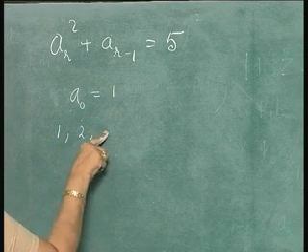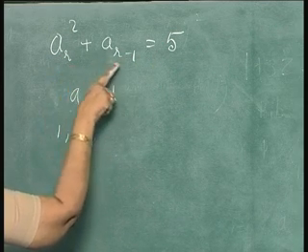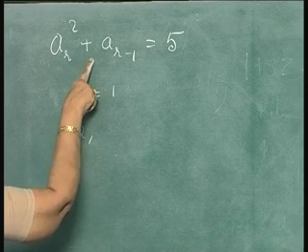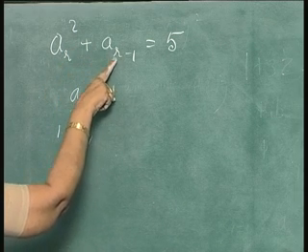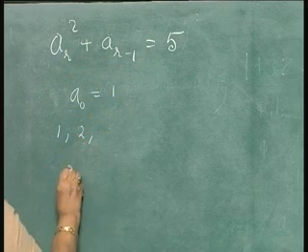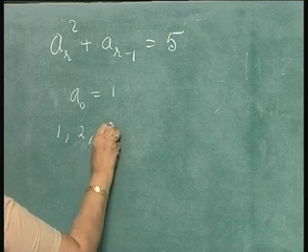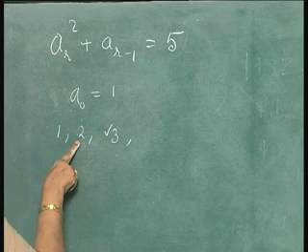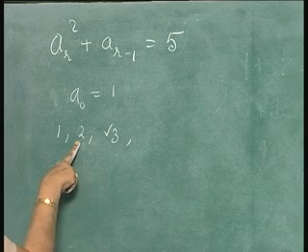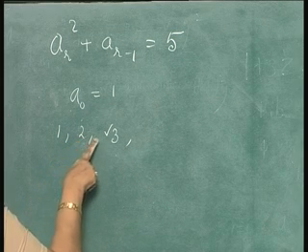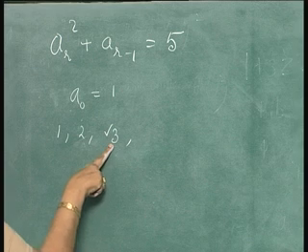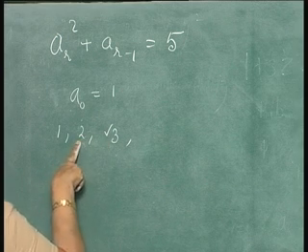The third one can be A3 squared is equal to a_(r-1) plus 1. So, it could be root 3. Will this satisfy the equation? This squared is 3, plus 2 is 5, correct.